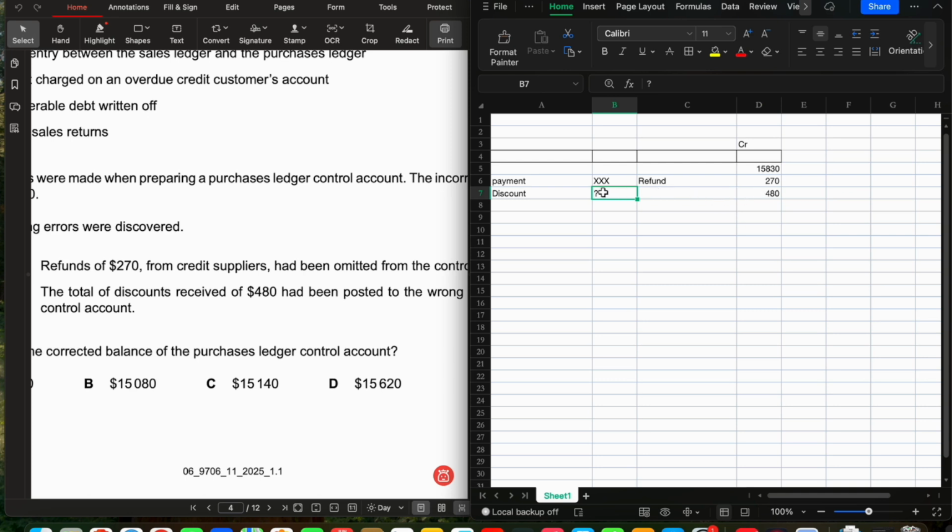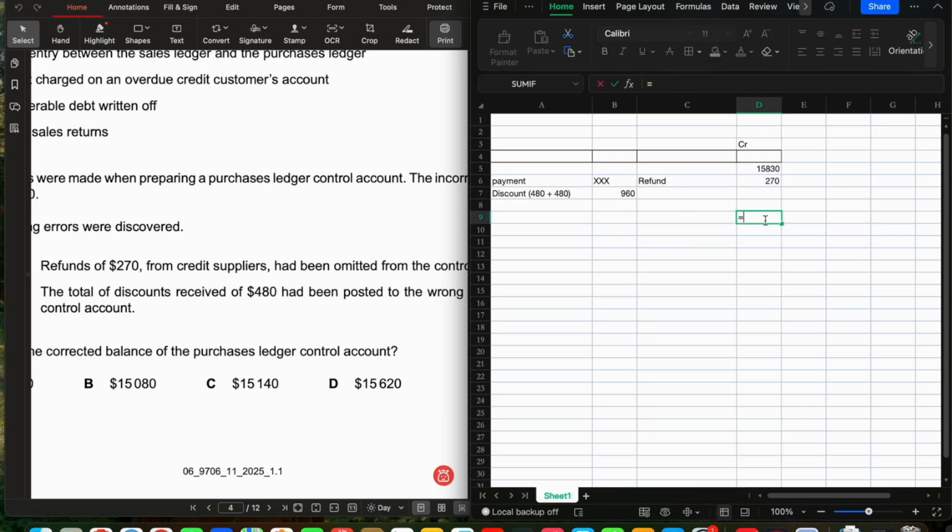So we need to remove this from here and then write this amount on this side. In order to do that, I will write 480 on this side plus another 480. So the first 480 is to cancel the amount that I have written out here on the debit side, on the credit side, and another 480 is to write the amount on the debit side. So this is 960.